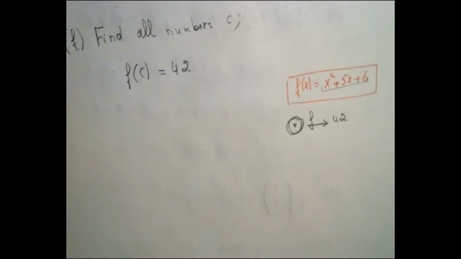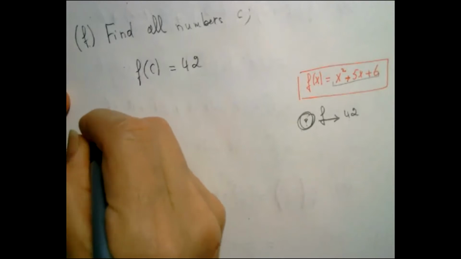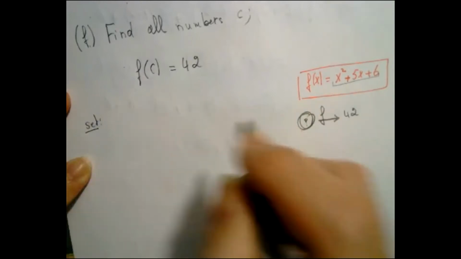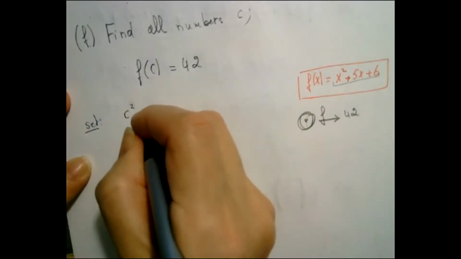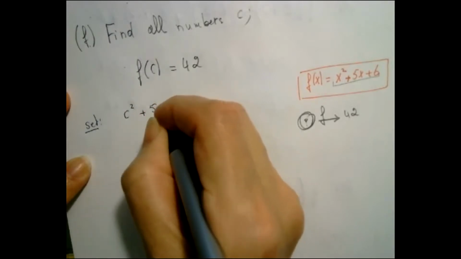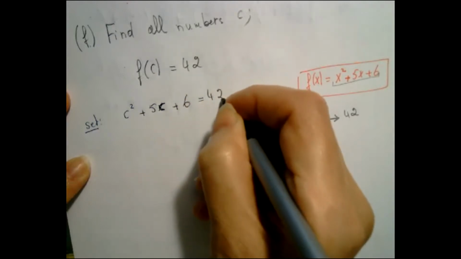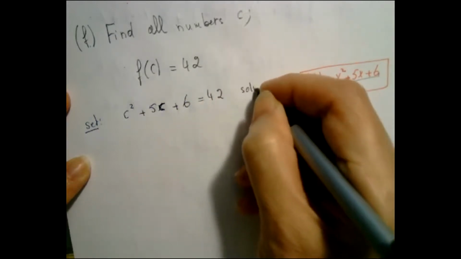So how do we solve those problems? Basically, we're going to say, okay, I'm going to look for the c. So we're going to set f of c equal to 42 and solve for c.